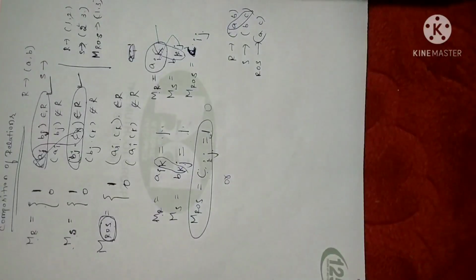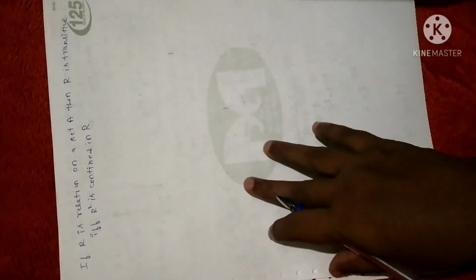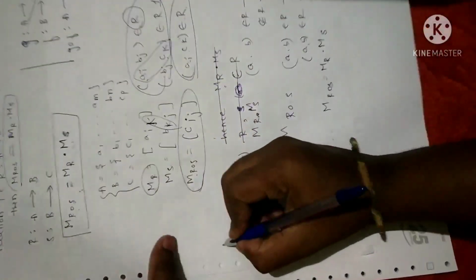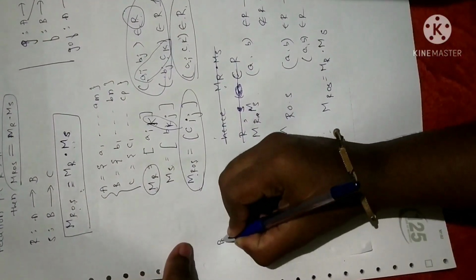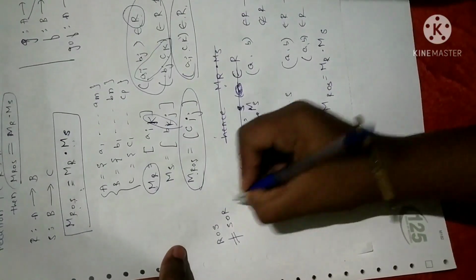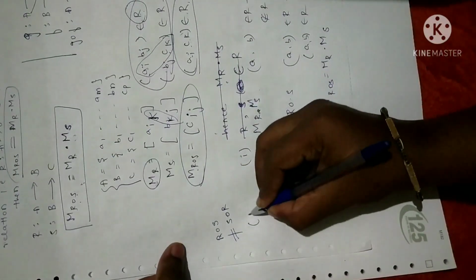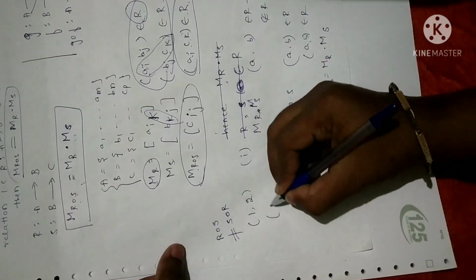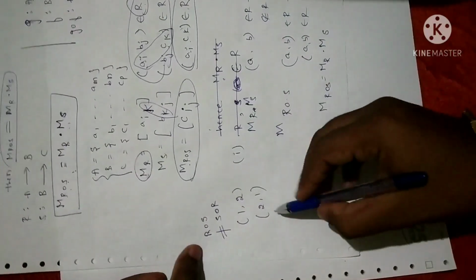Fine. Now, you have a next theorem. And here is a statement. Before going to prove this theorem, remember that R composition S will never be equal to S composition R. As I told you, ordered pair 1, 2 will not be equal to 2, 1. Why?